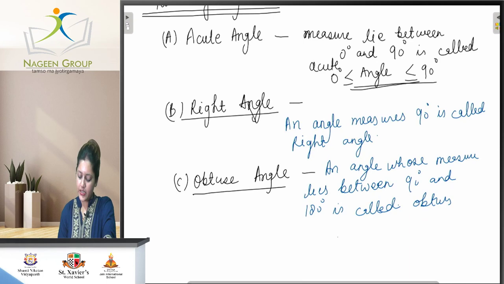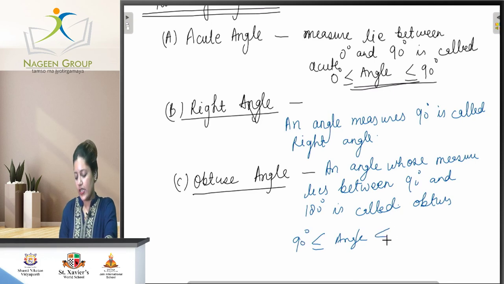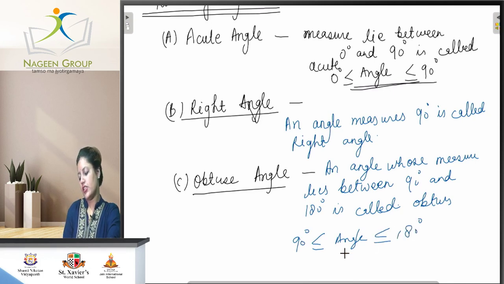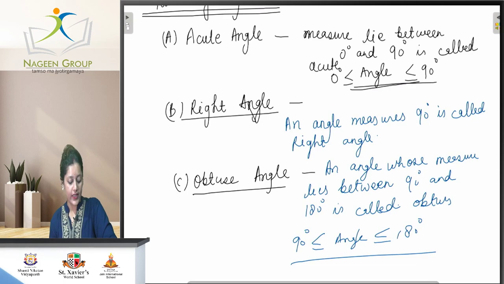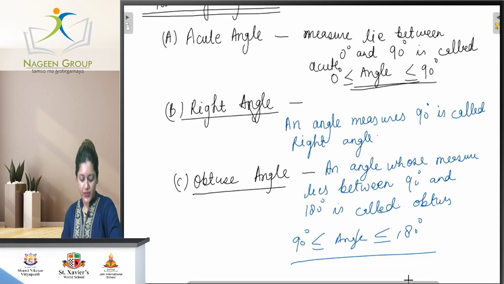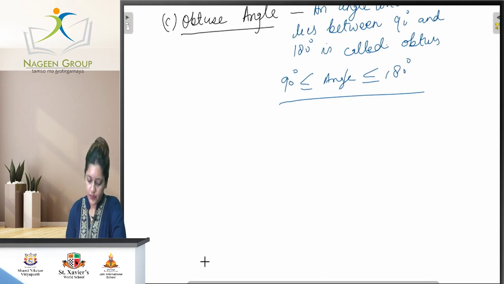Means if it is written that the angle is greater than 90 degrees and less than 180 degrees, this angle is known as an obtuse angle. After that, if we make a diagram, you can tell which diagram it is.